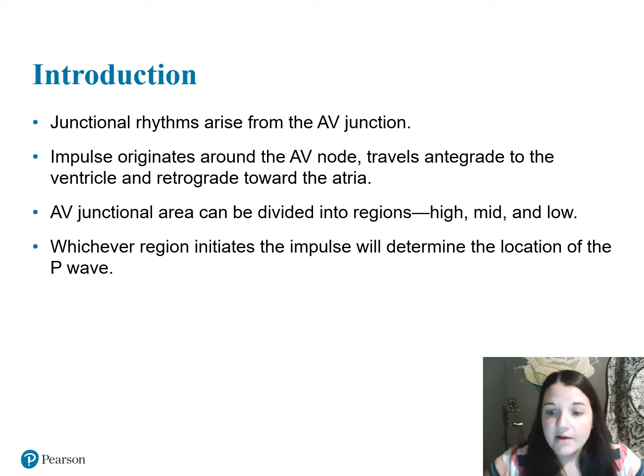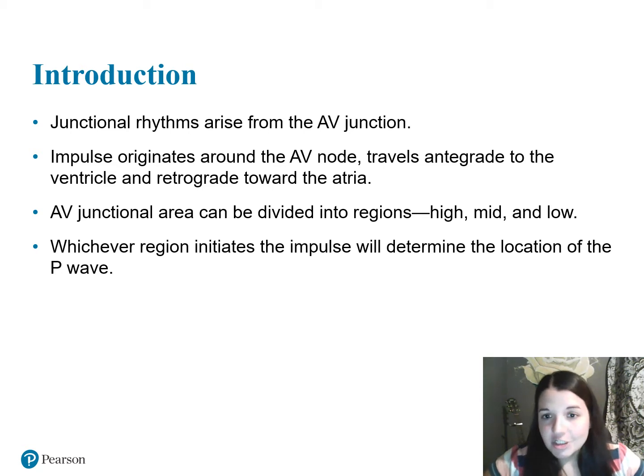So our clue into determining what rhythm we're looking at is if my P waves are upright and matching, I'm more than likely coming from the sinus node. But if my P waves are not matching and they're all different kinds, coming from different impulses, I could be coming from my atria.